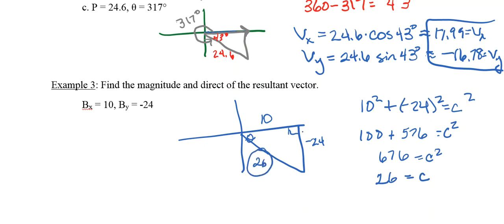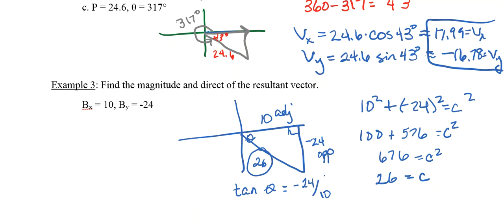Now to find my reference angle, 26 ended up being a whole number so I could use it, but you never know, so I would always use your adjacent and your opposite, which means you're using tangent. So tangent of theta would be my opposite over my adjacent. So that's negative 24 over 10. Whenever I'm looking for an angle, I do the inverse.